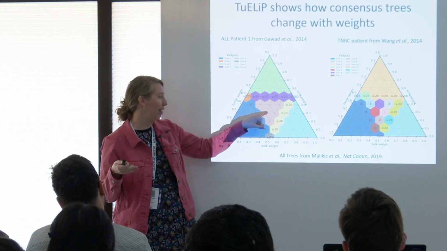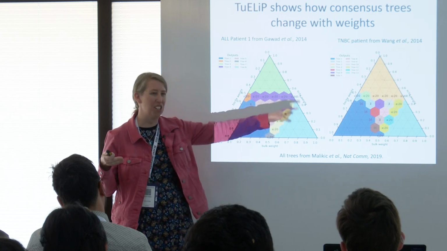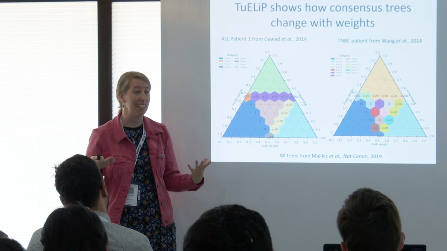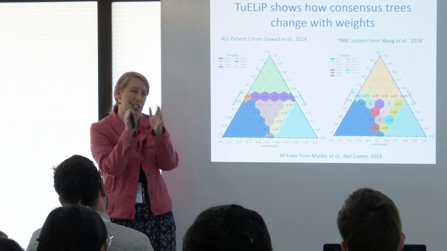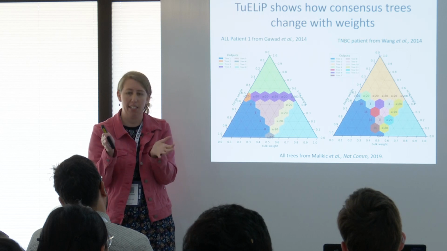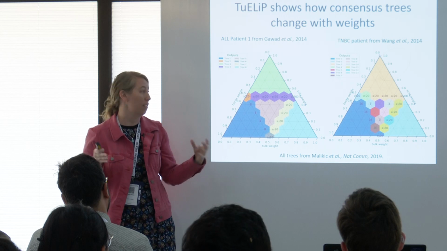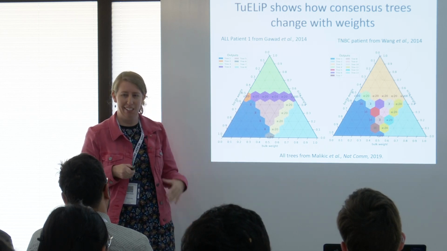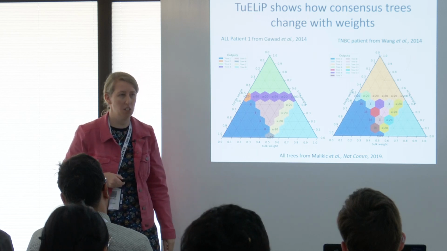But knowing something about whether, if I shift a little bit, I get the same tree, versus if I shift a little bit, I'm changing, is going to tell you something about your confidence in the consensus tree. It tells you whether you should look at a set and at what's common amongst that set, and consider those pieces to be the parts of the tree that you're really confident in. Versus something like this, where the weightings don't change things, so I feel pretty good about the consensus tree.